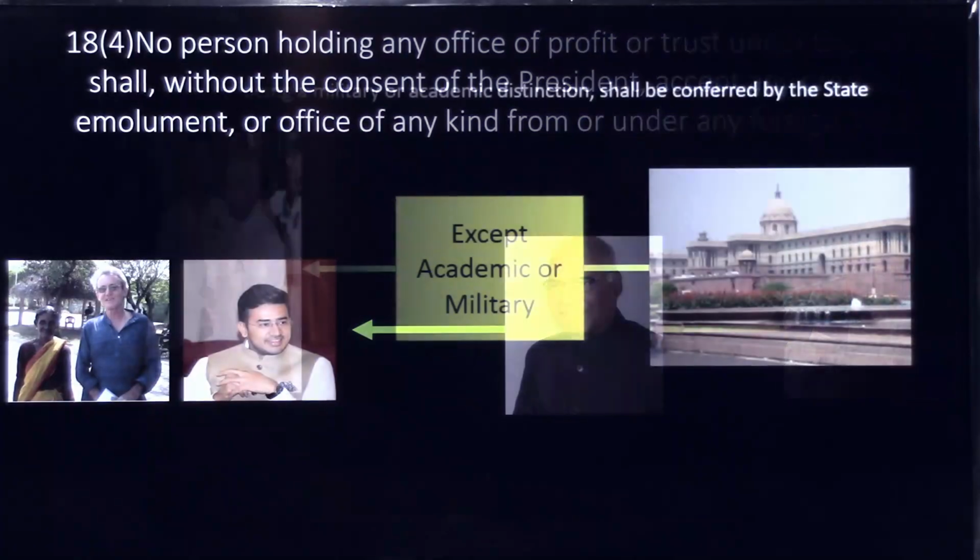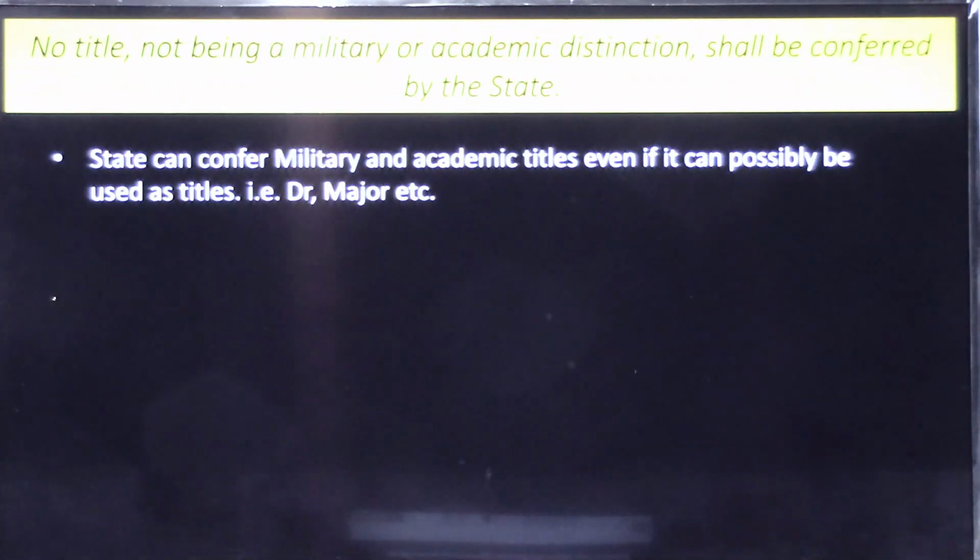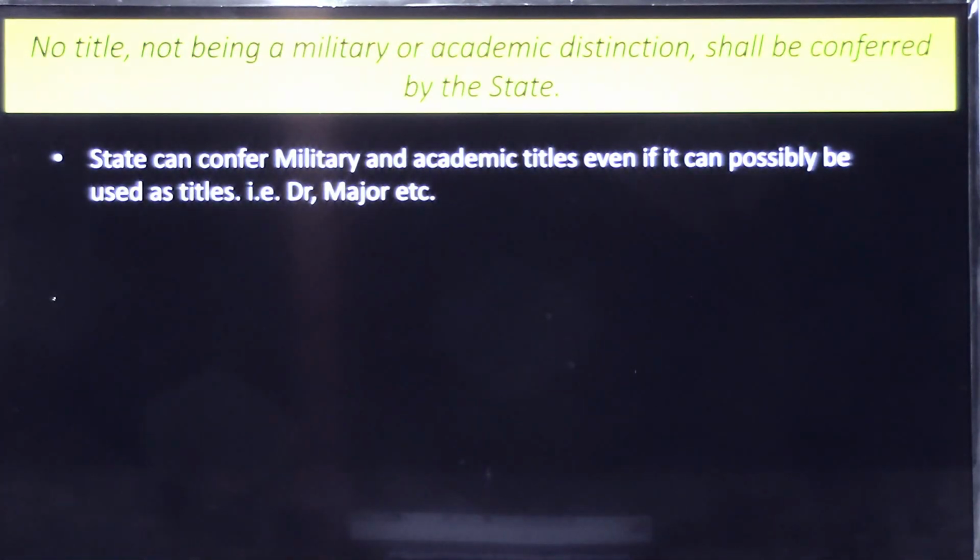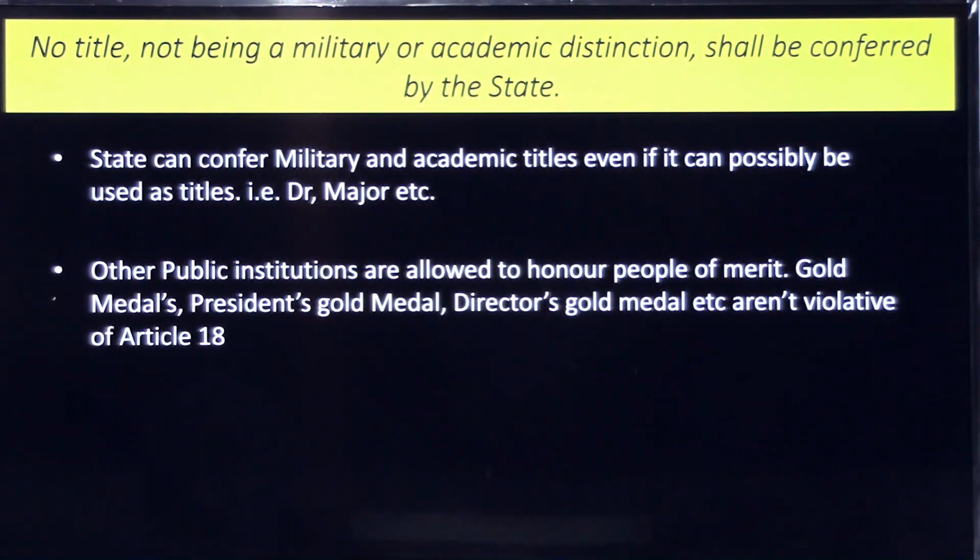Let us move to the next slide and let us discuss clause 18.1 in detail. It reads that no title not being of military or academic distinction shall be conferred by the state. So the first aspect is that the state can confer military or academic titles, that we already have discussed. And the other exception is, if the state cannot confer any such award, can a private institution confer it?